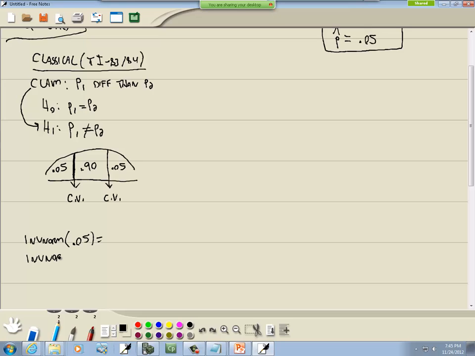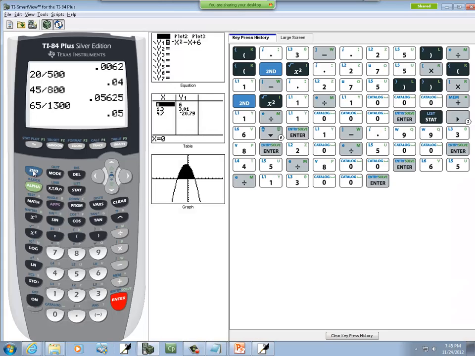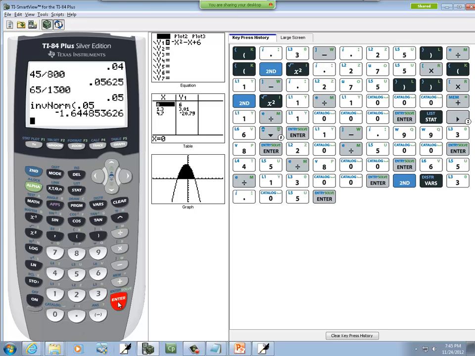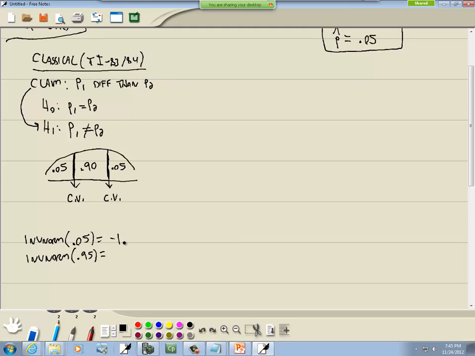For the one on the right side, the area to the left is 0.05 plus the 0.90, so you have to add everything together. That gives us 0.95. So second vars, inv norm, 0.05 gives negative 1.645, and this will be a positive 1.645. So this one's negative 1.645, and this is positive 1.645.